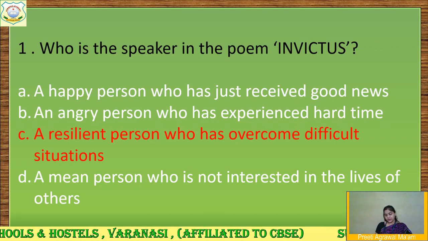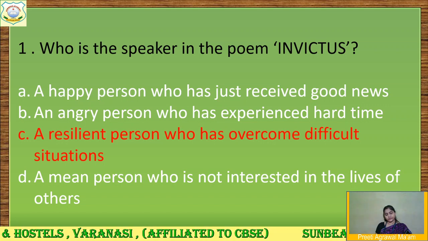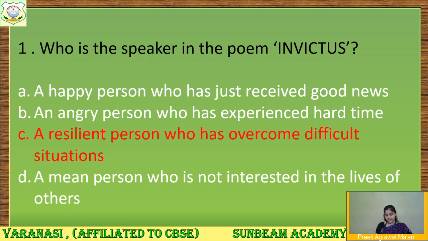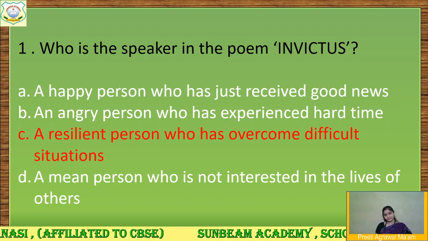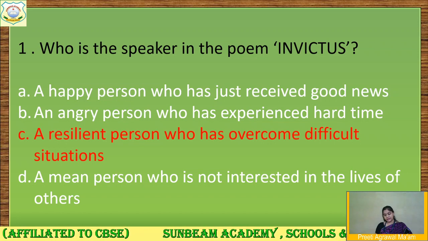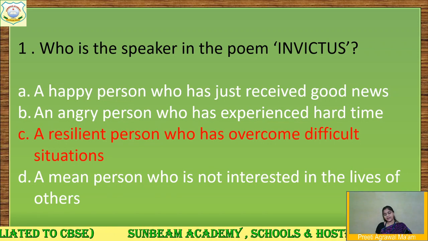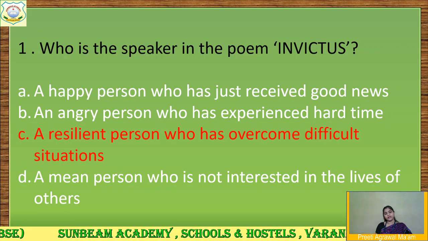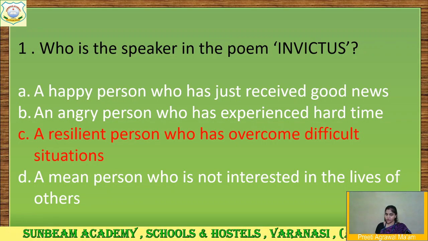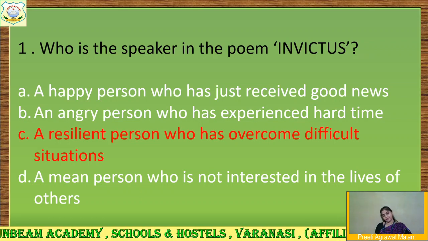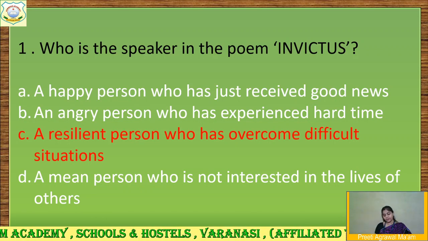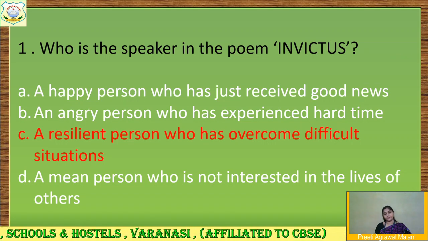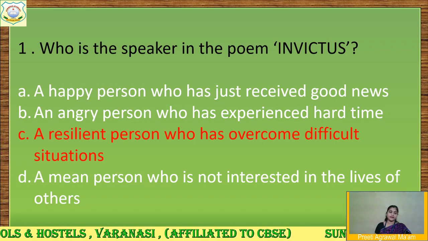So the person who has this mental ability to recover quickly from these things. What are those things? Depression, illness, and misfortune. And of course, the poet has the mental ability to recover quickly from all these points which I have told you right now. That's why your answer C is the correct one.